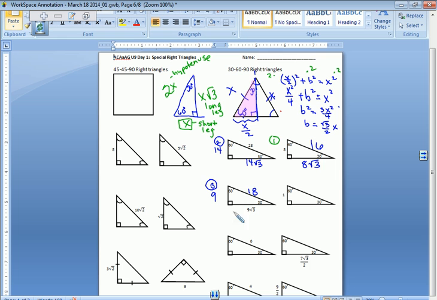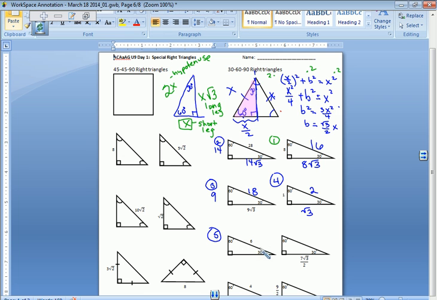Okay? Number 4. The short leg is 1. The hypotenuse would be 2. And the long leg would be this 1 times the square root of 3, which is just square root of 3.